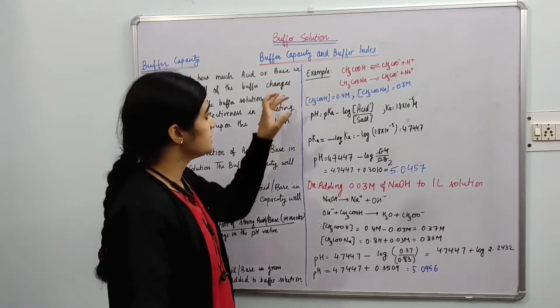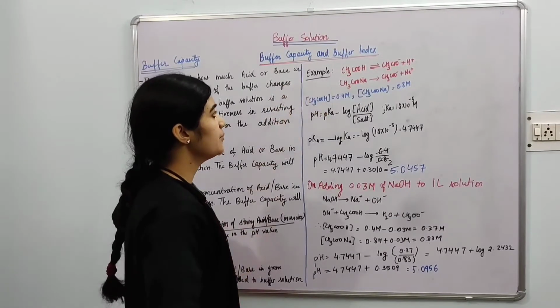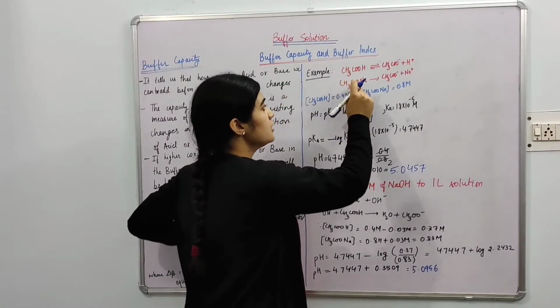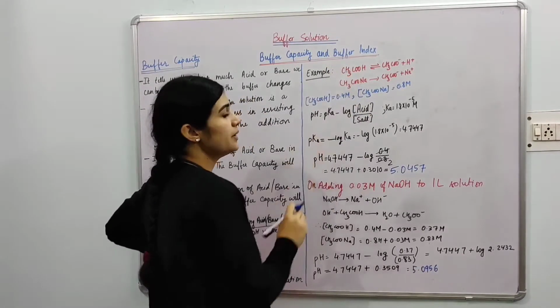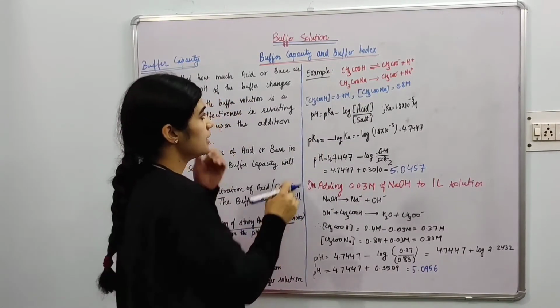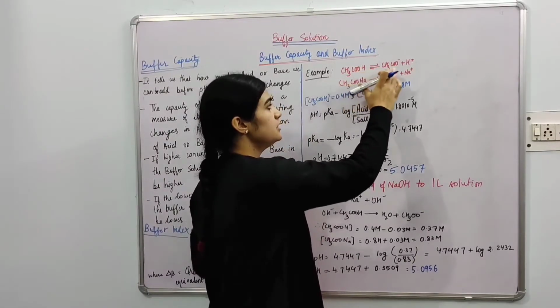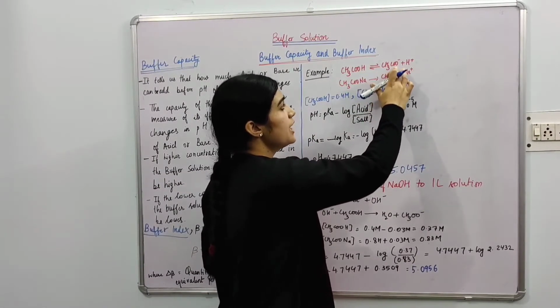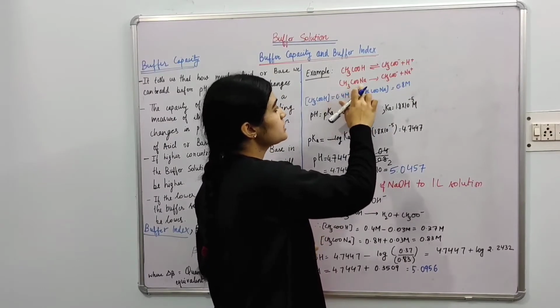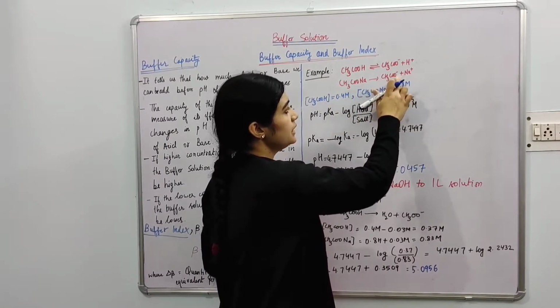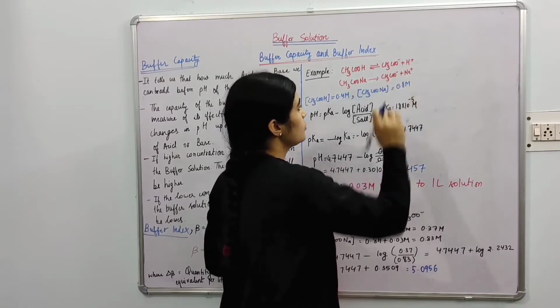Now let's see an example of acetic acid and sodium acetate. These two combined form a buffer. Acetic acid, being a weak acid, dissociates partially into acetate and proton, while sodium acetate, being a salt, dissociates completely into acetate and Na positive.